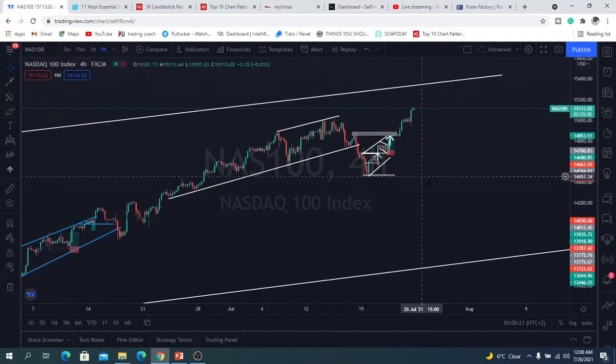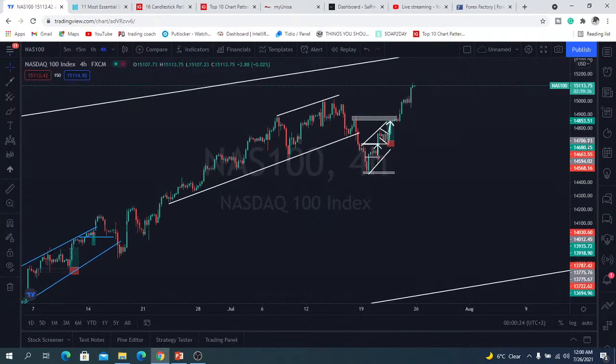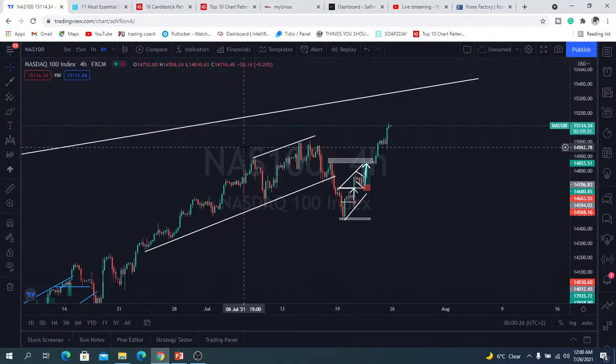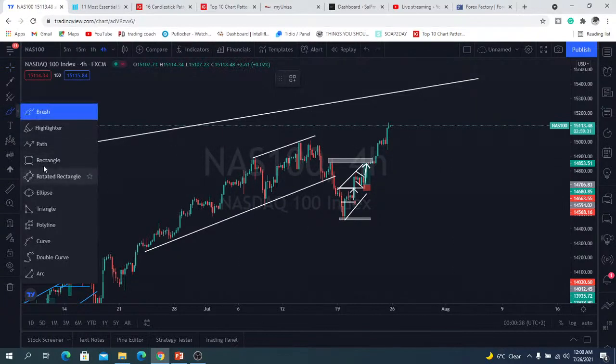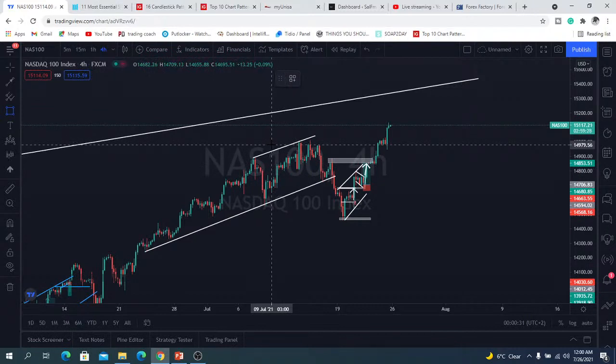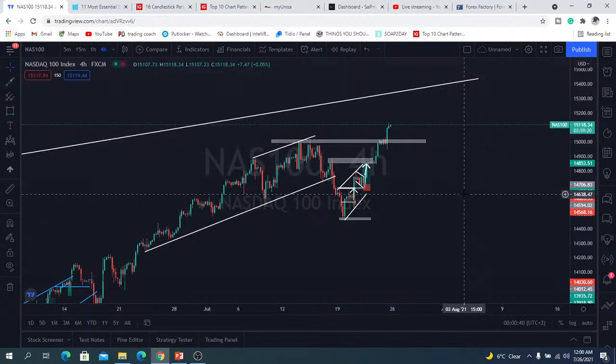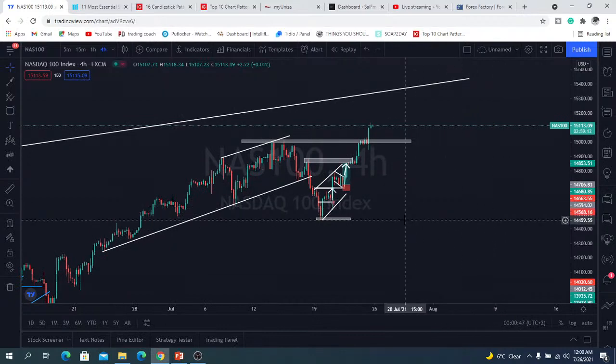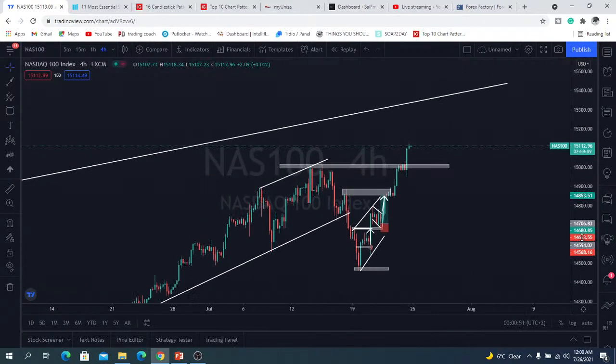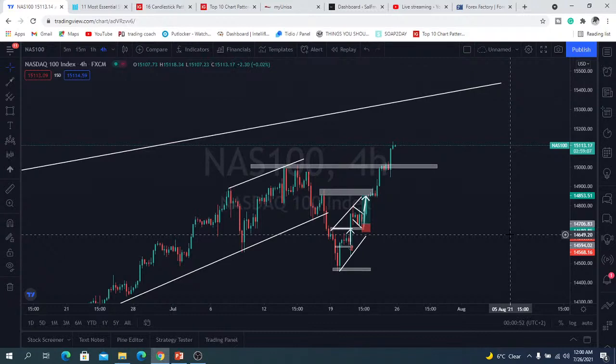As I said, Nasdaq just created a new higher high, meaning it broke this minor resistance right here, which was the previous higher high. One tip I can give to all of you who are willing to master this is that Nasdaq respects the zones, your support and resistance.